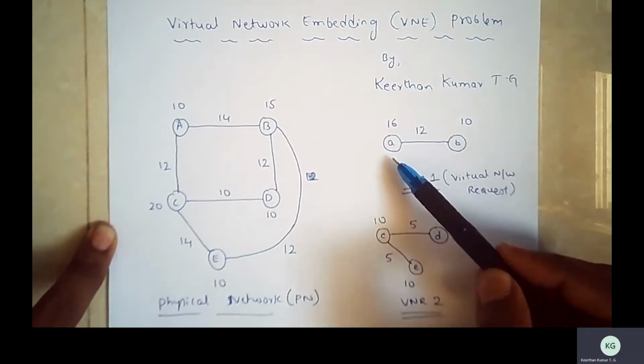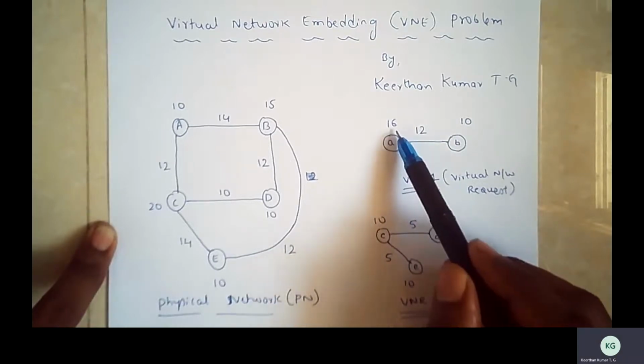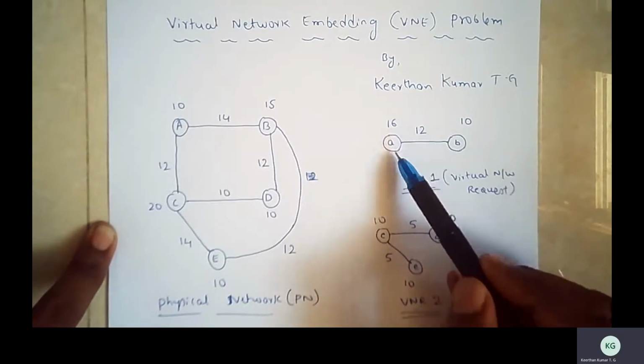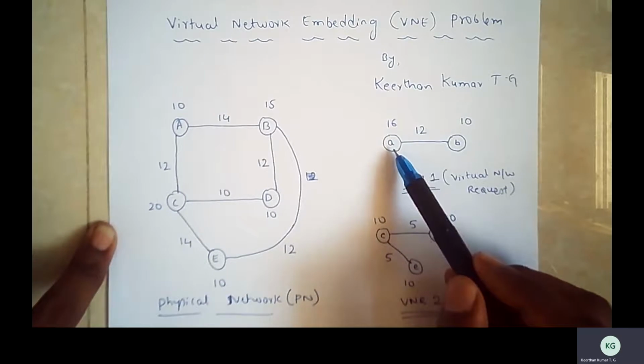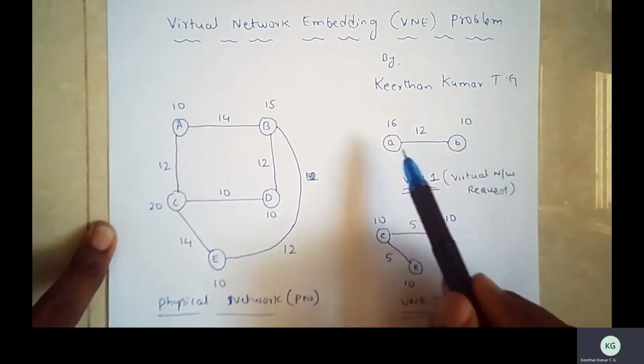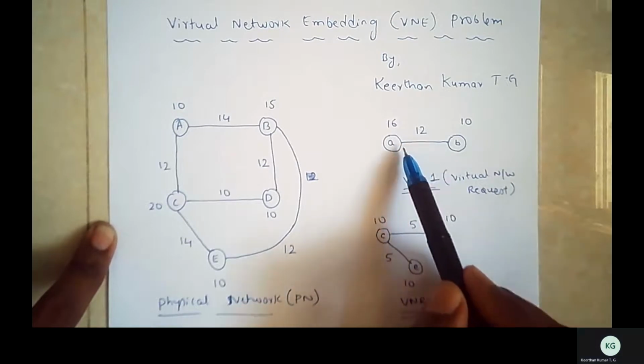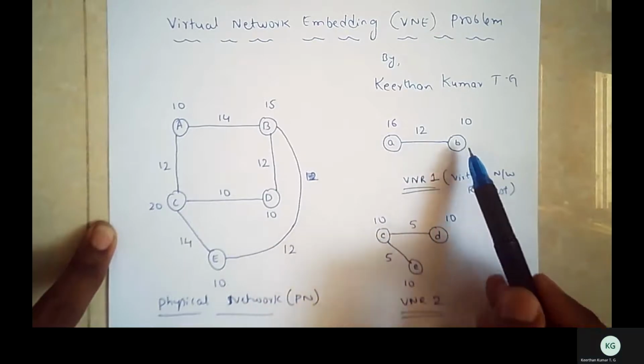For example, in VNR1, on top of node A, we wrote 16. That 16 is the CRB demand of VM A. Similarly, 10 is the CRB demand for node B. And this 12 represents the bandwidth demand of the link between A and B.